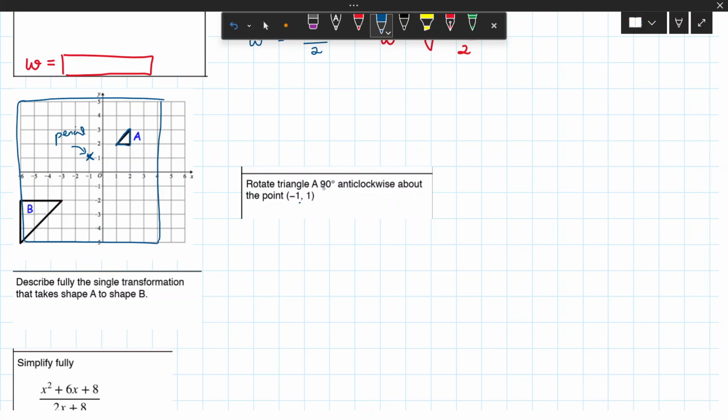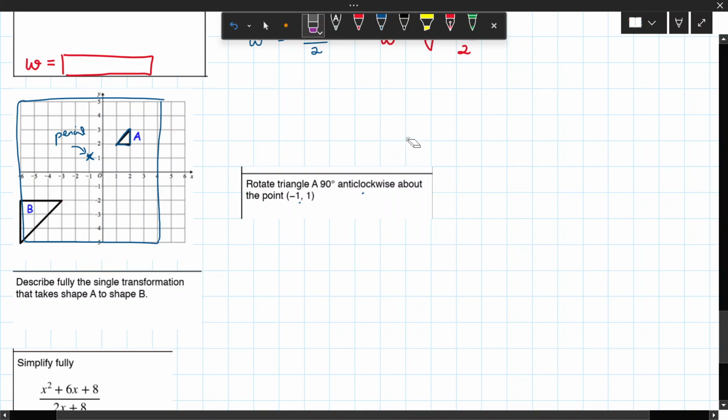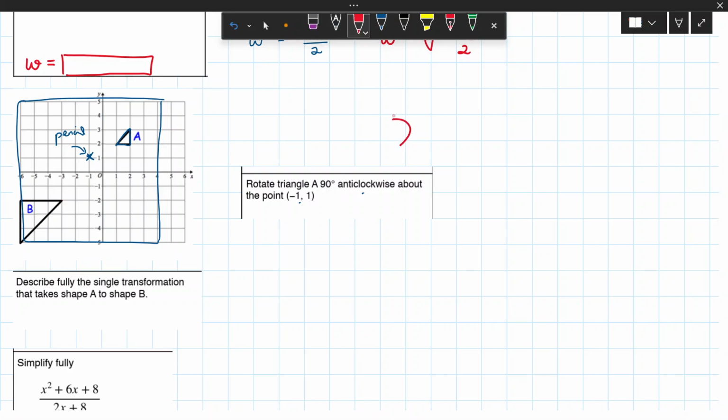Okay, and it says rotate anti-clockwise. So the clock goes this way, anti-clockwise would be the other way. 90 degrees is only one turn. If you're still not sure about how the turn works, just put an arrow pointing straight up. If you do one turn and rotate the paper, that arrow should now be facing the left.